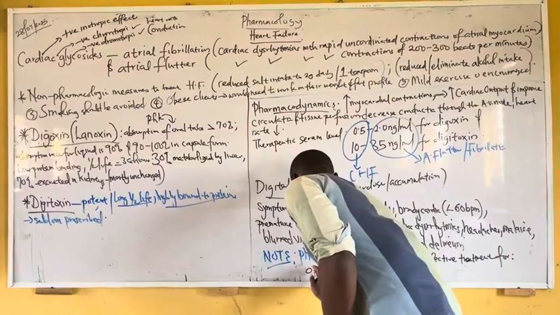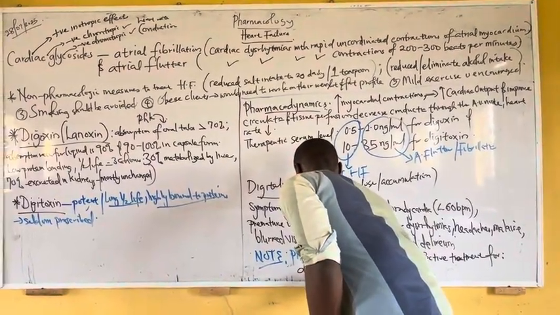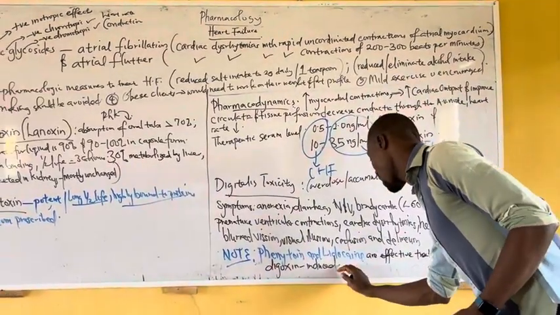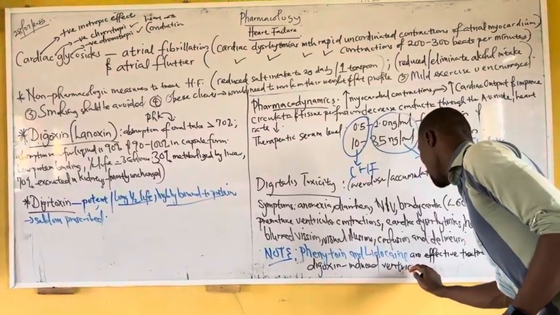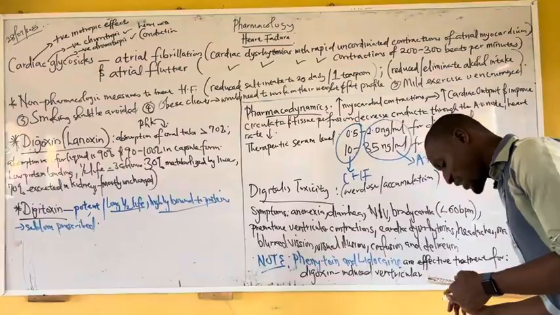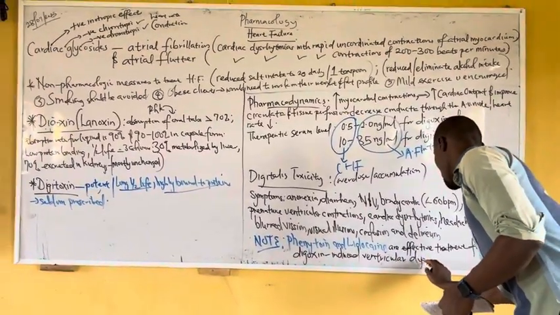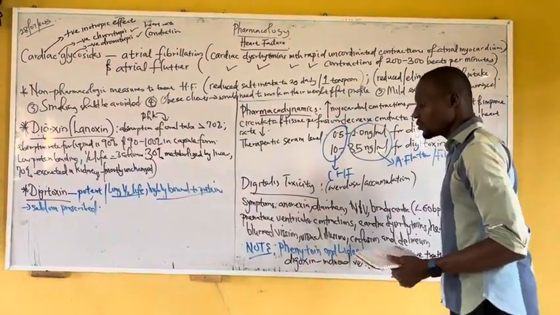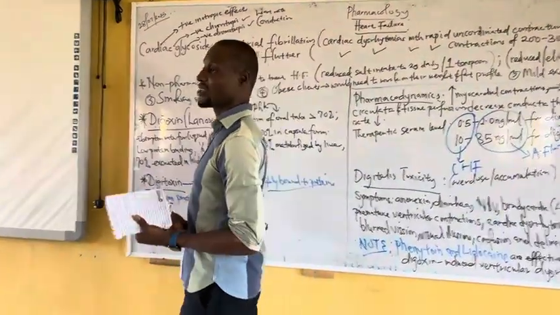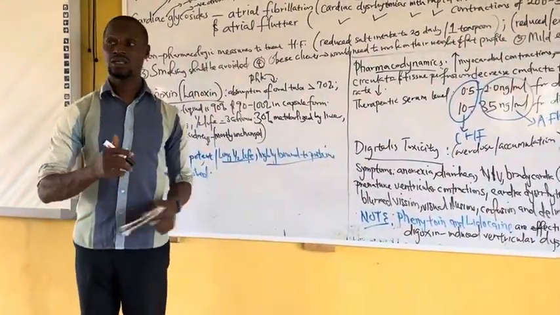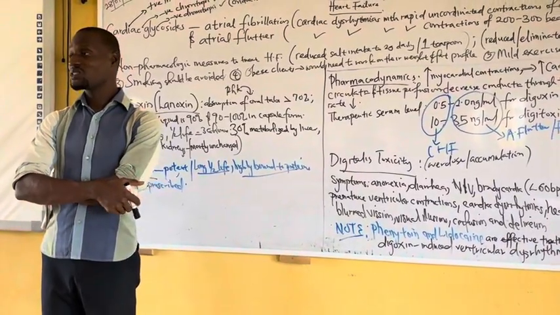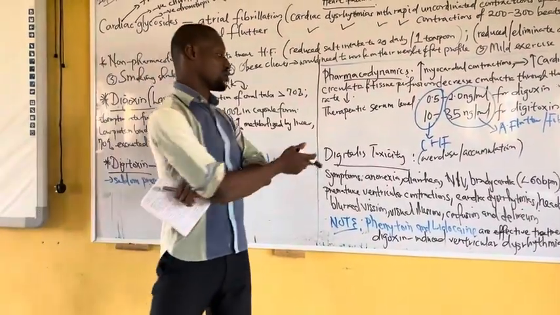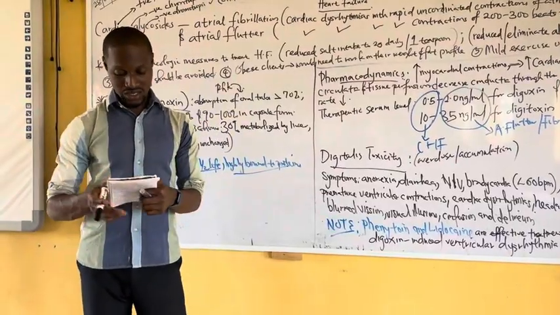So phenytoin or lidocaine can be used to treat digoxin-induced ventricular dysrhythmias, so you could use them to treat digitalis toxicity.